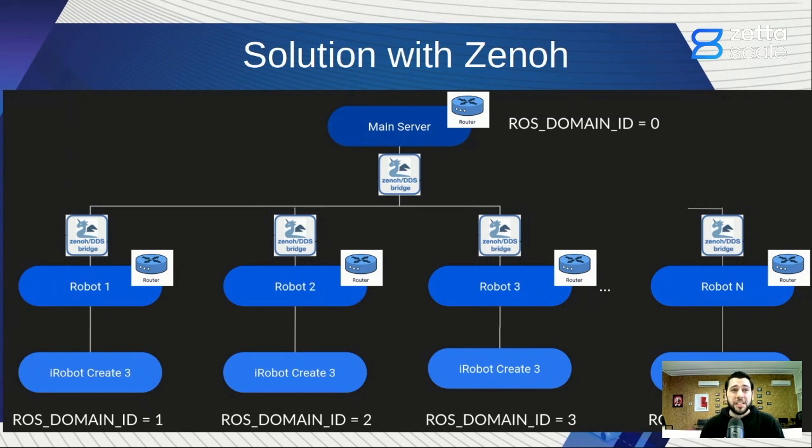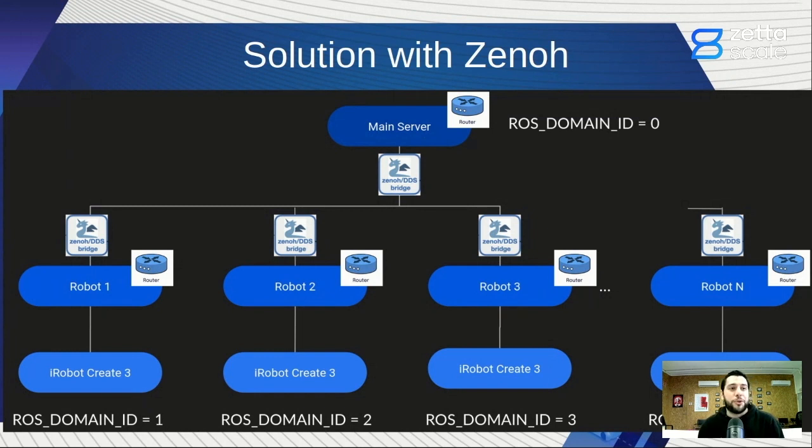And this is scalable, so that's why you see robot 1, robot 2, robot 3, all the way up to robot N. So the way we did this is running a Zenoh router and a Zenoh DDS plugin in each of these agents, each robot and the main server. And we can specify the endpoint connections for each robot to go to the server, and the main server to listen to all the endpoints to be able to communicate.